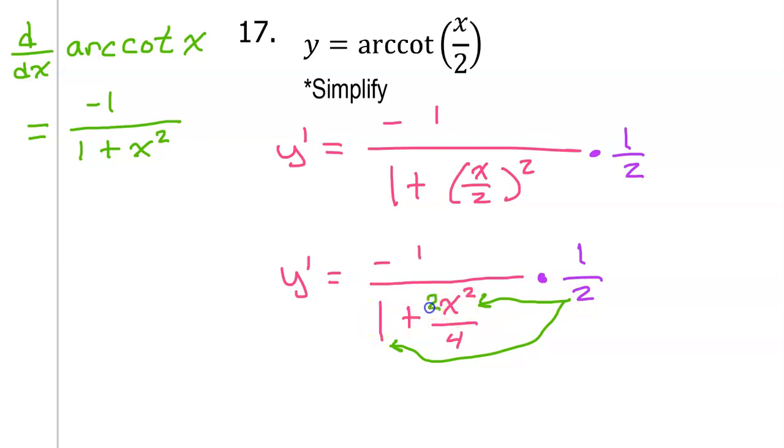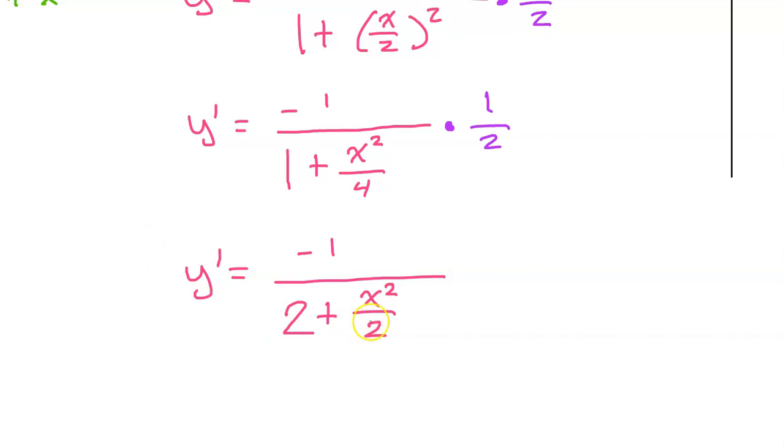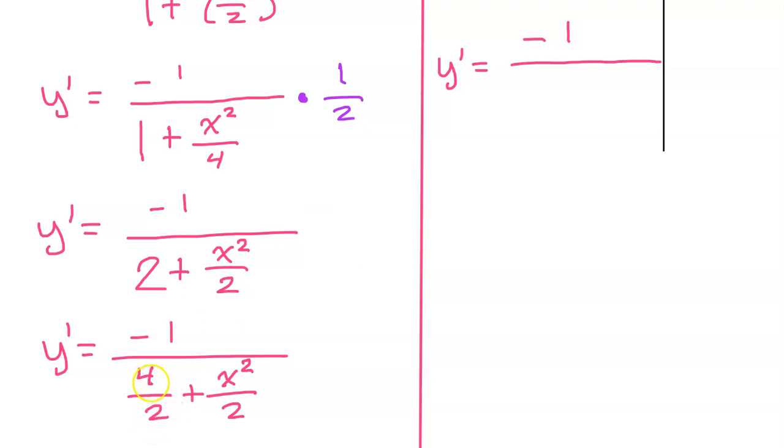And I'm going to have like 2 over 4. So that's going to reduce. So now we have this. It's not considered simplified as long as I have a fraction inside of a fraction. So I always like to add these together and see what happens. I need like denominators though. So I'm going to rewrite 2 as 4 over 2. So this will be 4 plus x squared over 2.